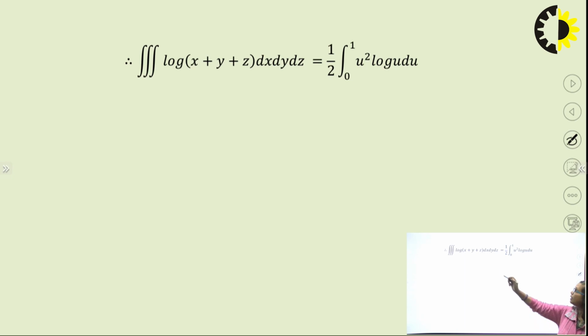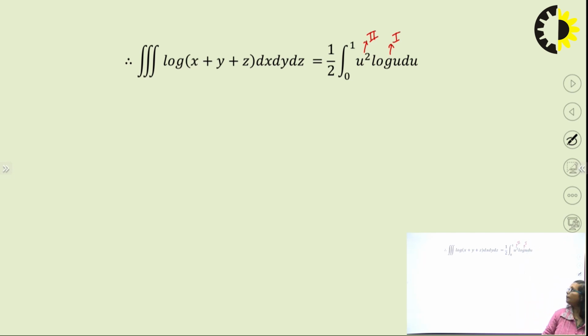This integral I have written in this form in the last slide, 1 by 2 integral 0 to 1 u square into log u into du. This is the function. Clear? So now we integrate it by parts. For by parts, I use the rule ILATE. This log I am taking as my first function, u square as my second function by the rule.